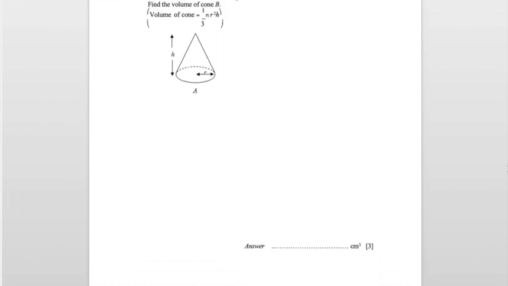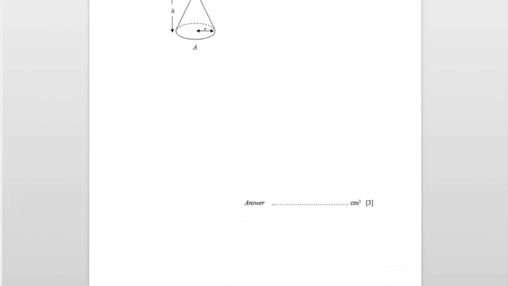Now we have a sum on volume, and what we need to find is the volume of another cone B, and this cone B has the same height as cone A, but the radius is now double.